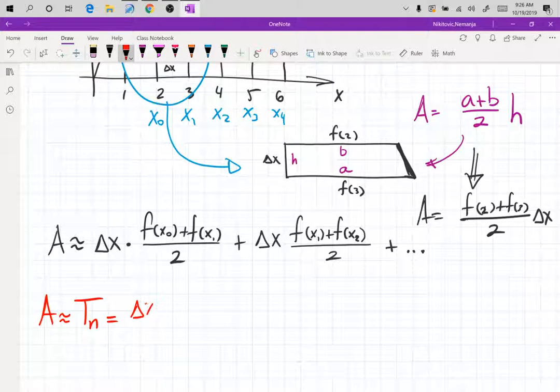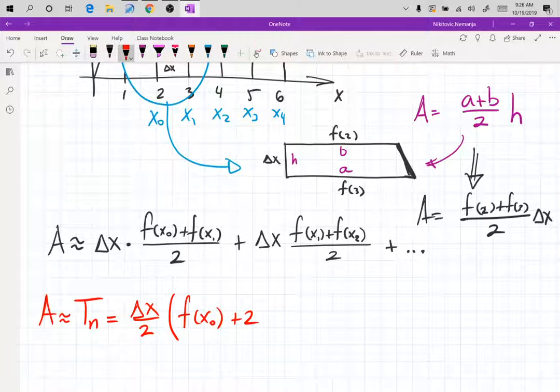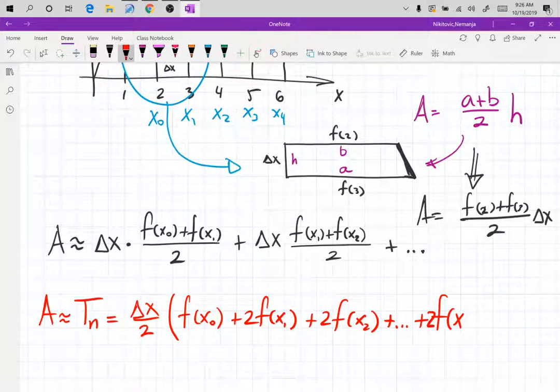So we have delta x over 2 kicked outside. When you take delta x over 2, look what's left. f of x0 plus f of x1 plus another f of x1, f of x2, there will be another f of x2, and so on. So we have just f of x0 plus 2 f of x1 plus 2 f of x2 plus dot, dot, dot plus 2 f of xn minus 1, that's the second to last, and the last term is just f of xn.